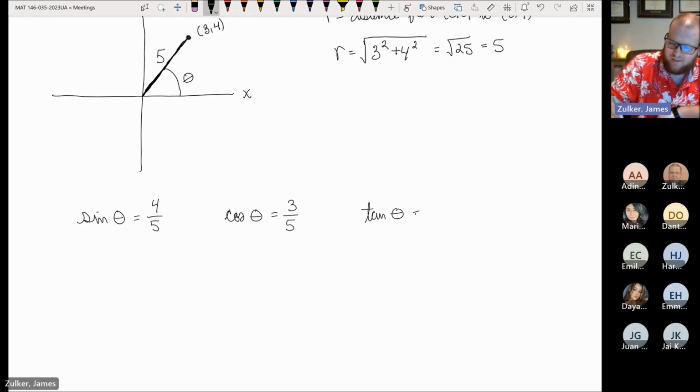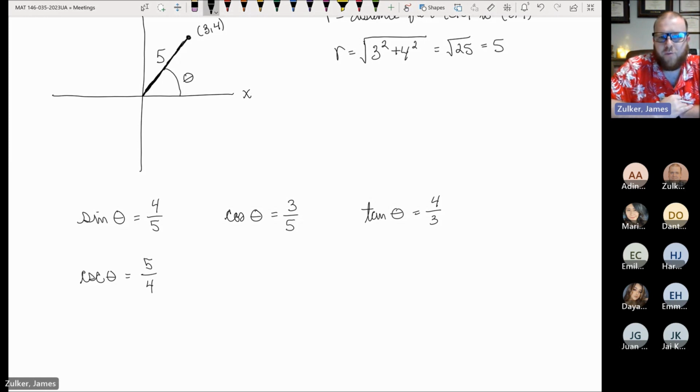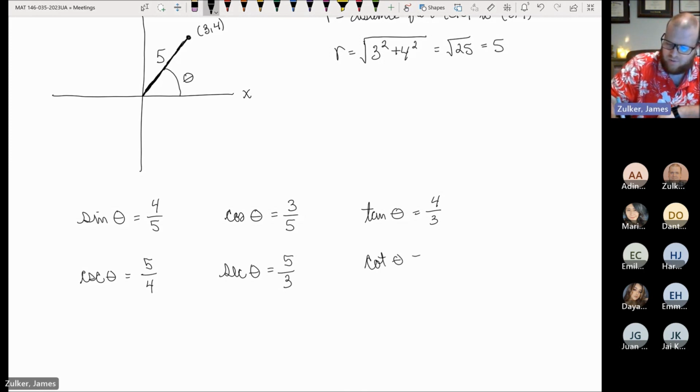Tangent, y over x. Cosecant is r over y. Secant is r over x. Cotangent is x over y.